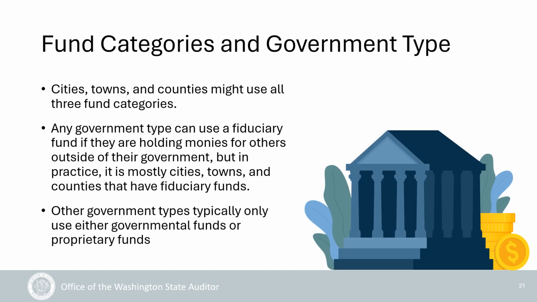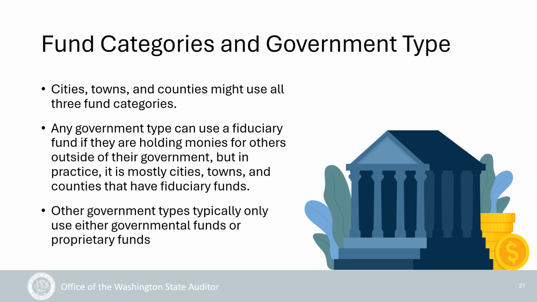Now that we know about fund categories, let's talk about how these categories relate to government types. Cities, towns, and counties might use all three fund categories, depending on what services the government provides.